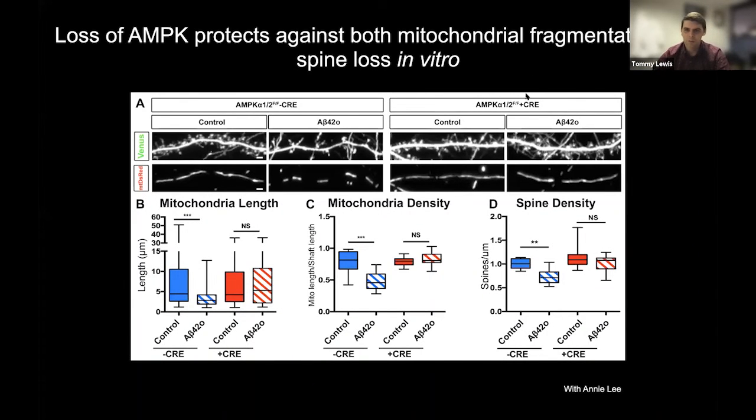But when we knock out AMPK by expressing Cre in these neurons, we got really exciting and I think interesting result where these mitochondria no longer become fragmented, but also it leads to maintenance of the spines along these dendrites, suggesting that potentially this can be a causative linkage between the fragmentation of mitochondria, loss of mitochondrial function, and this loss of spine maintenance.